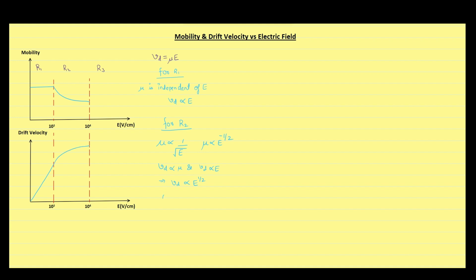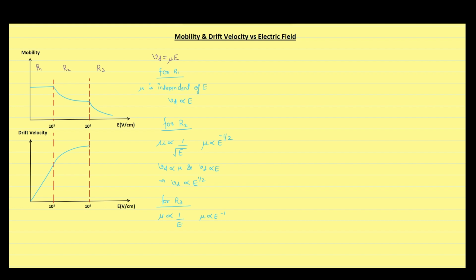Now for region R3, the electric field intensity is so high that mobility of the semiconductor is inversely proportional to electric field intensity. The curve for the graph of mobility versus electric field intensity will be like this.